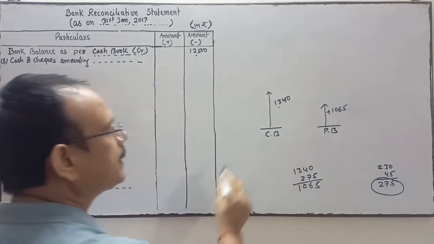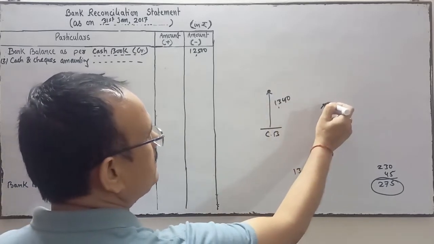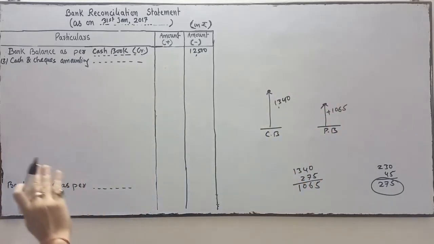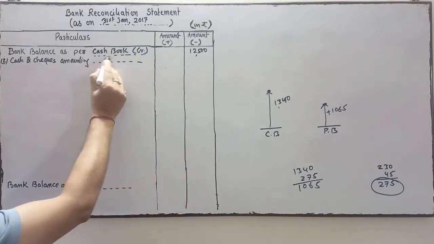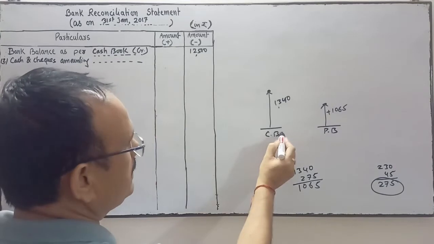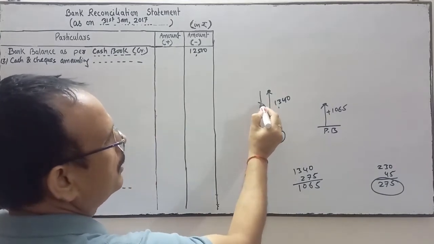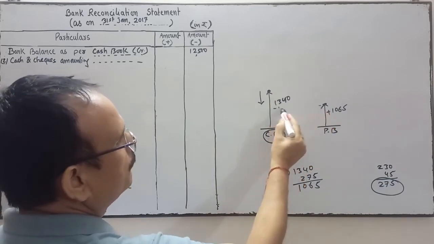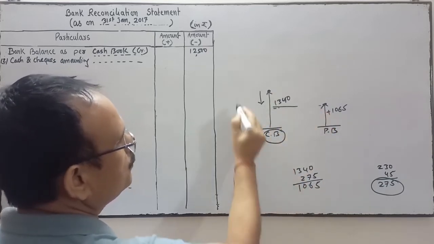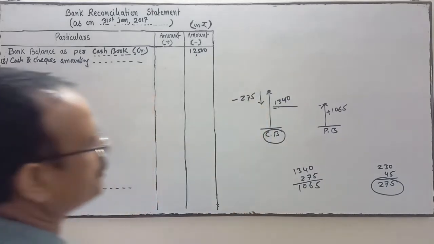So to make the difference, here is the balance of cash book and here is the passbook balance. To make the balances equal, we are taking which side? We are taking the cash book side. So what will we do? We will reduce. How much amount will we reduce so that we reach this level? We will reduce 275 from the cash book.